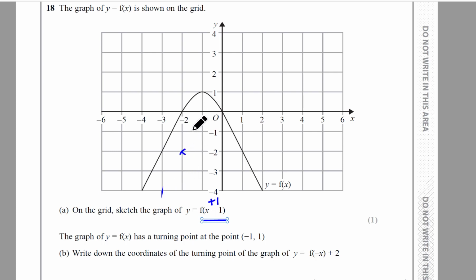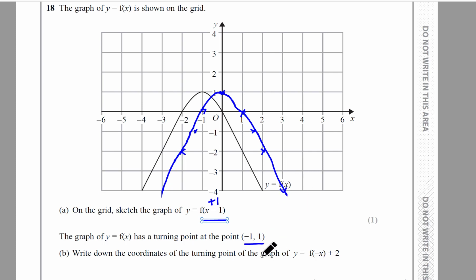If you just mark those points roughly, this is going to shift 1 here, that's going to shift 1. Just so you've got this nice and lined up, and you just draw maybe do that dotted, that should be acceptable. That's your 1 mark.